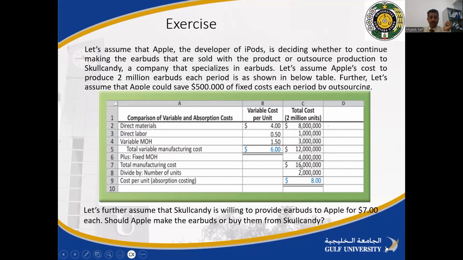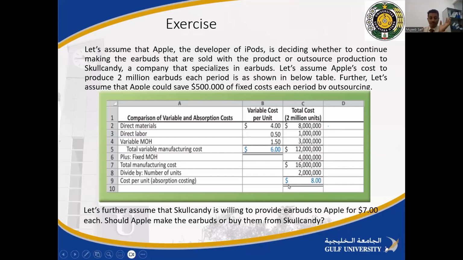So total cost, variable and fixed, is 16 million to produce 2 million AirBuds. If you divide 16 million by 2 million units of AirBuds, total cost for each one is $8.